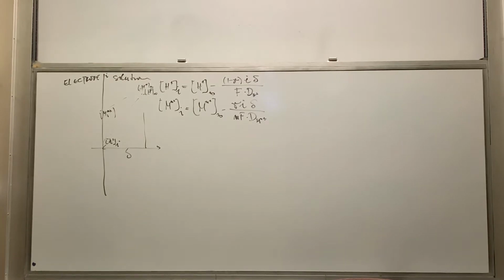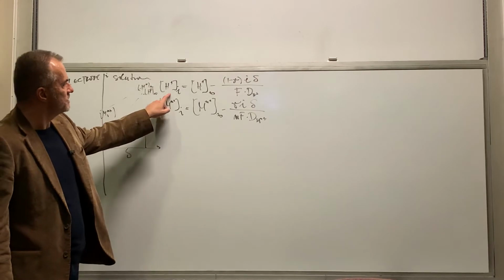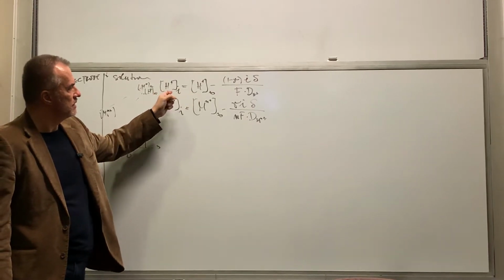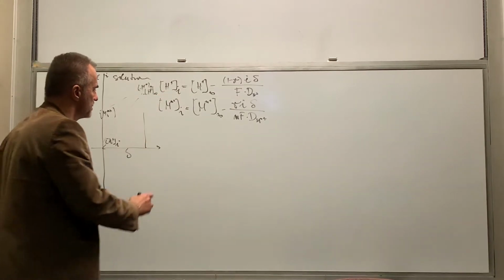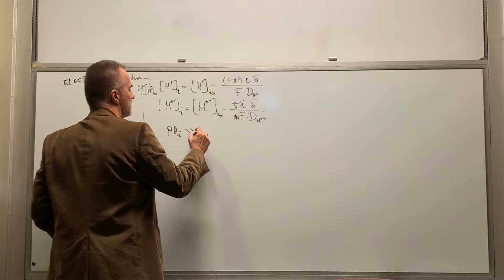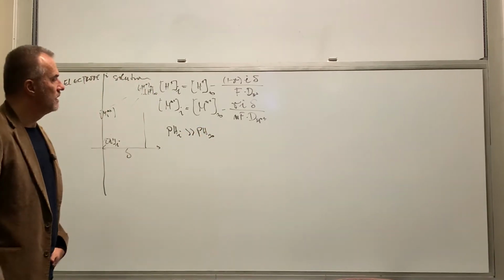And we said that because this is going to be much lower than this, that means that the pH at the interface will be much higher than the pH in the bulk, right?